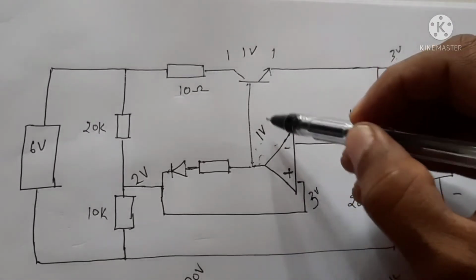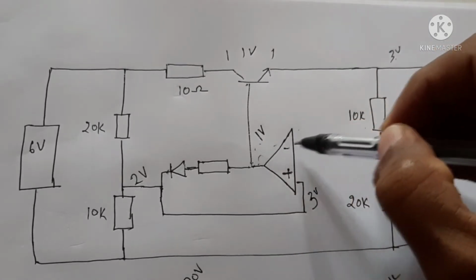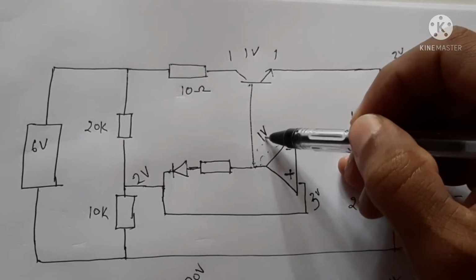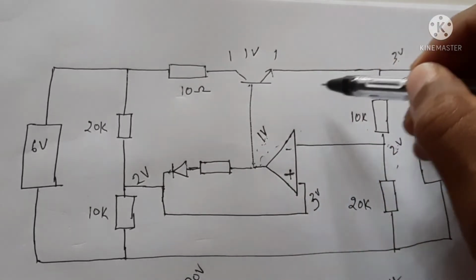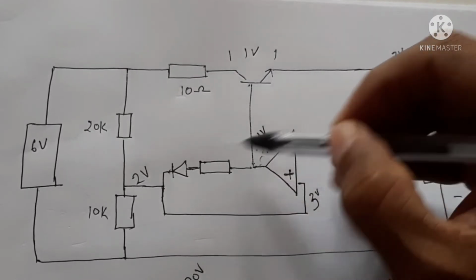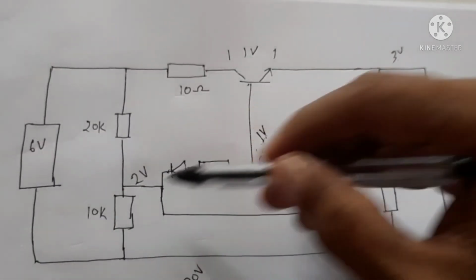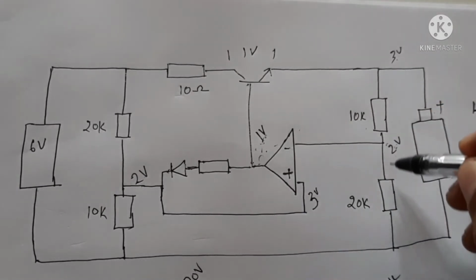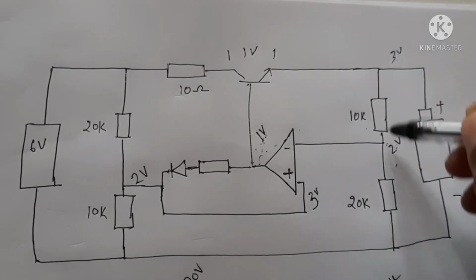So when this point falls below 2 volt, the output will become 1 volt and the transistor will be on. When this output becomes 1 volt, the total reference voltage will be 2 volt plus this 1 volt, so 3 volt will be the reference voltage. So the transistor will be on until this point reaches 3 volts.